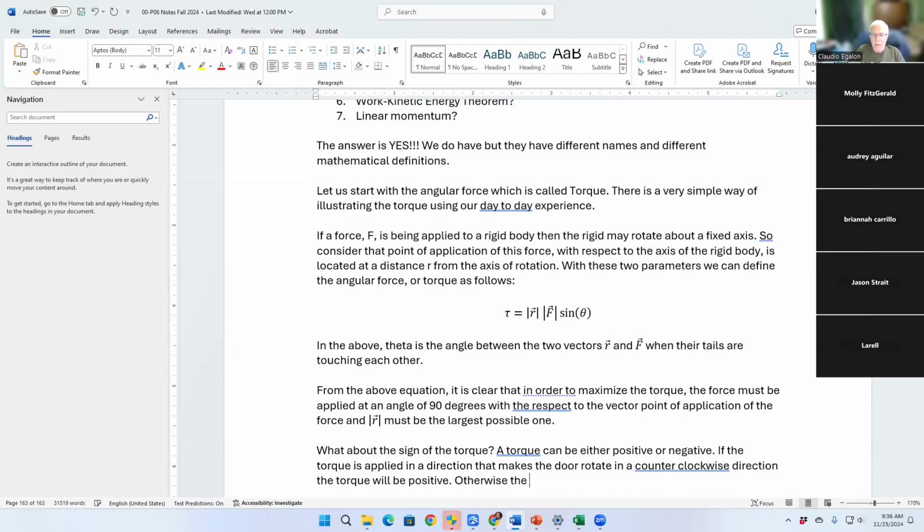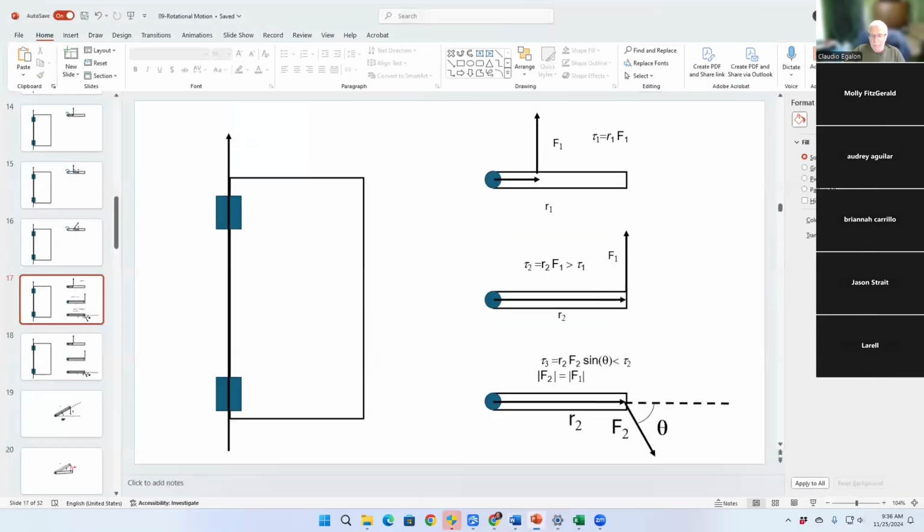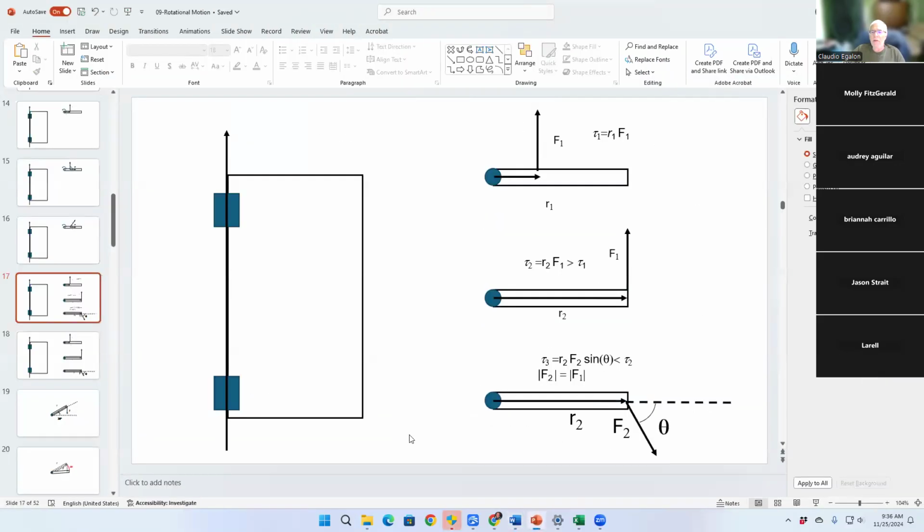Otherwise, the torque is negative. So here you go. Here, the torque is positive because it's making the door rotate in the counterclockwise direction.